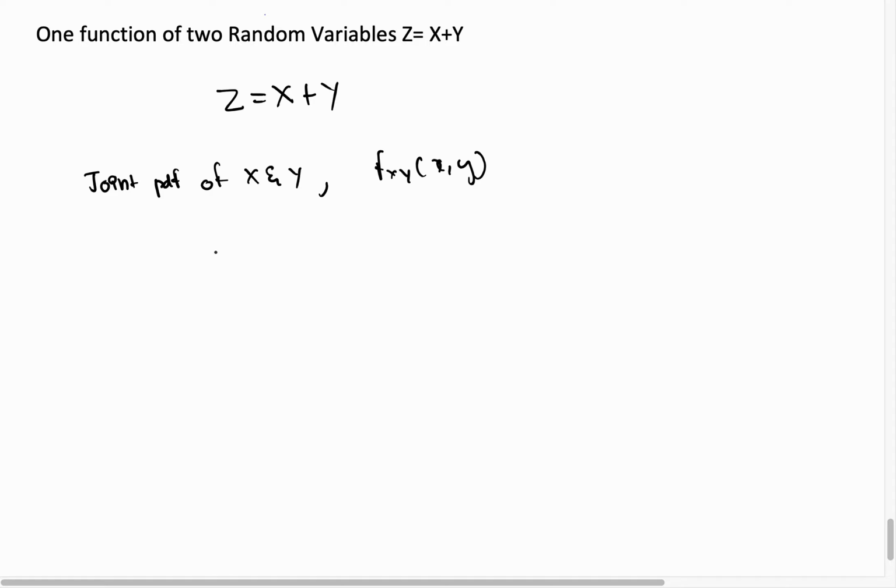So the function of x and y is a random variable z, and for this case we will need to evaluate f_Z(z).